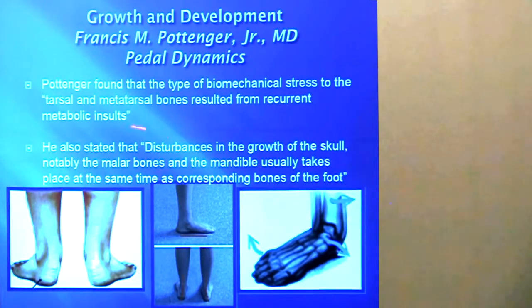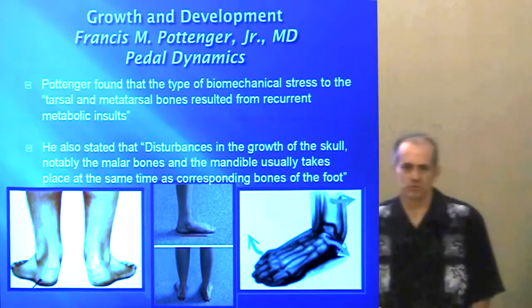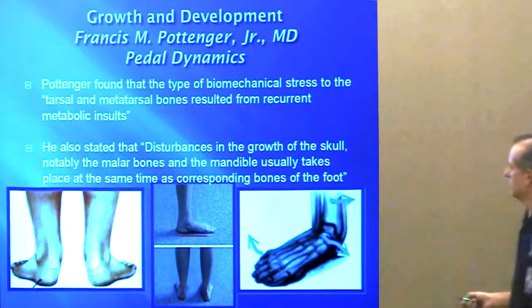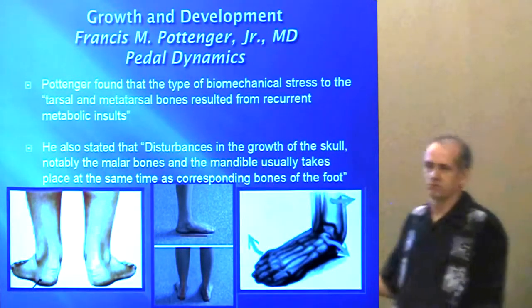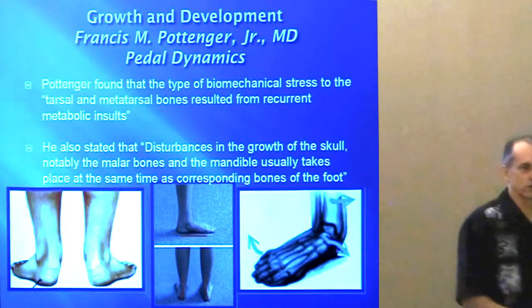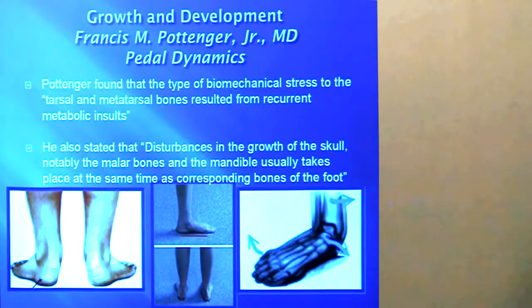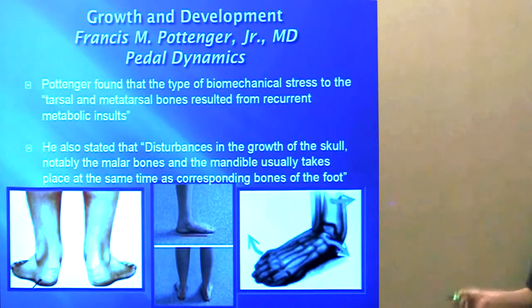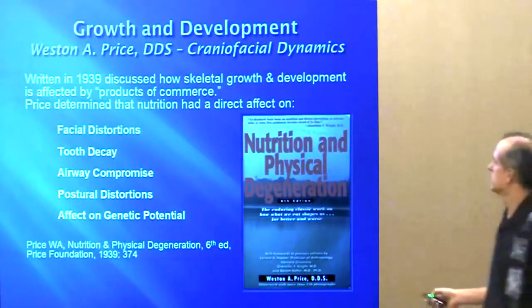Now, he doesn't mention the maxilla, but if you have distortion in the malar bones and the mandible, you have to have aberrant growth and development in the maxilla. I mean, this goes together. So now he's saying the face and the feet go together as far as breakdown, which is absolutely 100% true. It tests out all the time. You have to look at foot mechanics.